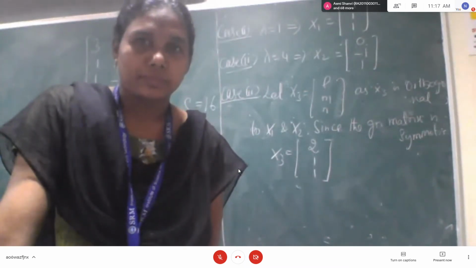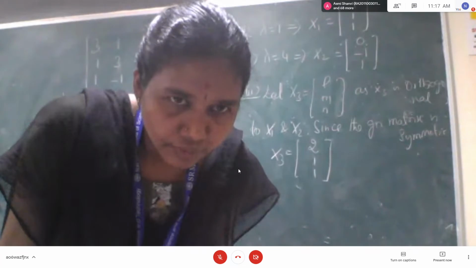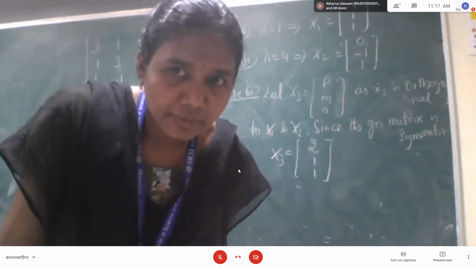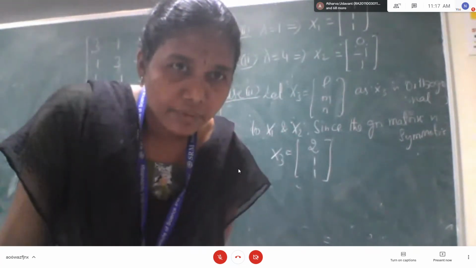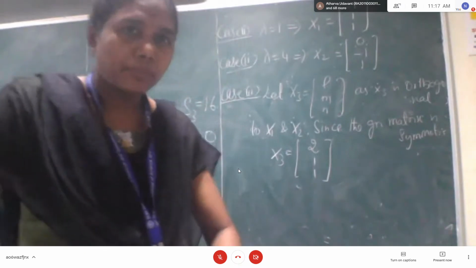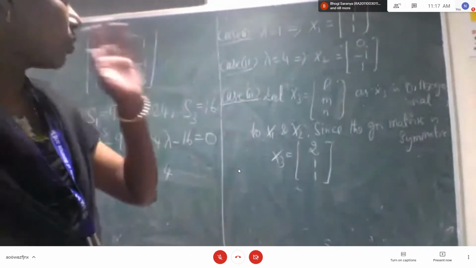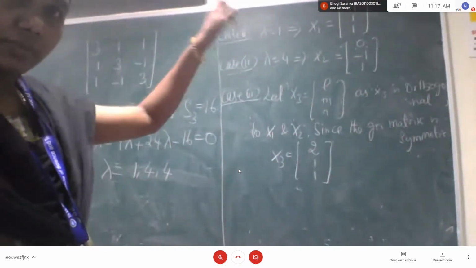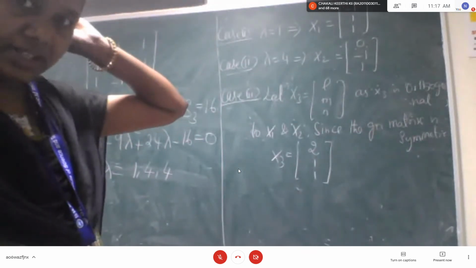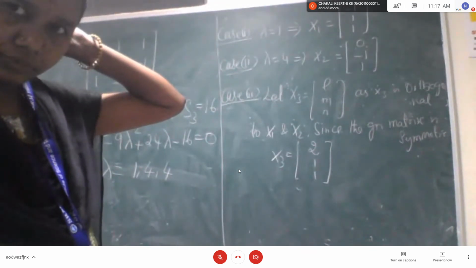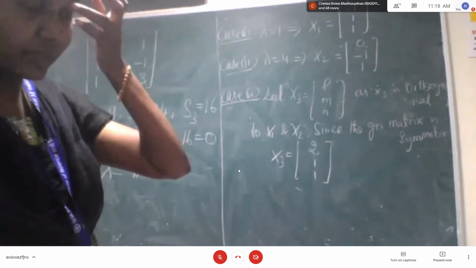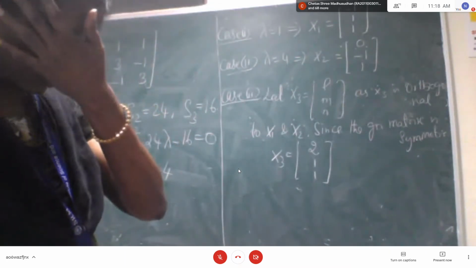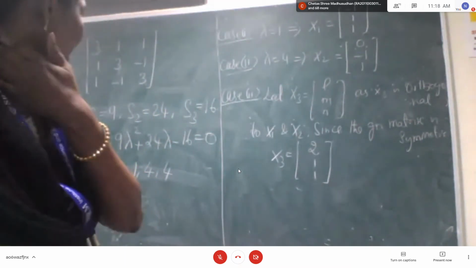Ma'am, what is the first eigenvector x1 equal to? First eigenvector, lambda 1 equal to 1: -1, 1, 1. What is your answer? 0, 1, 1. No problem. X1 or x2?